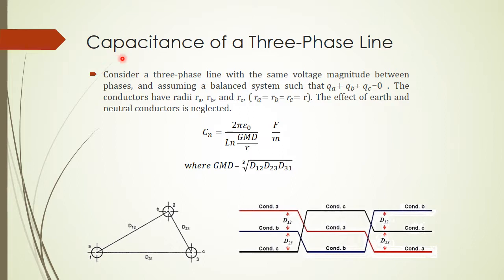Next, we discuss the capacitance of a three-phase line. We consider the general case that we have the same voltage magnitude between the phases, and we assume a balanced system so that the total amount of charge equals 0.